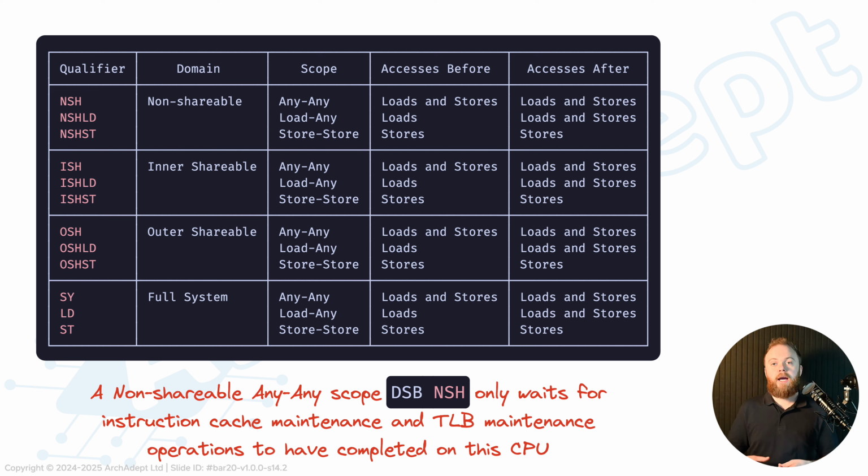Now, we'll see how these non-shareable variants can be used with a DMB in the next lesson, but when it comes to using these non-shareable variants with a DSB, it's good to be aware that a non-shareable any scope DSB NUSH only waits for instruction cache maintenance and TLB maintenance operations to have completed on this CPU, rather than waiting for all of the CPUs in the same inner or outer shareable domain to have responded to all of our previous cache maintenance broadcasts.